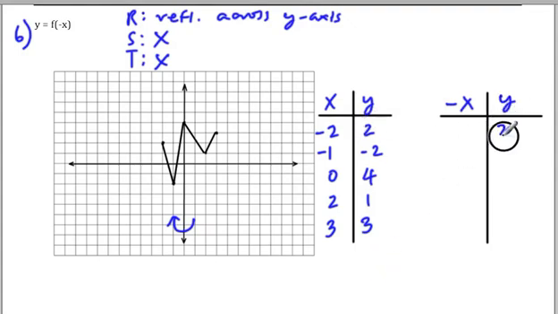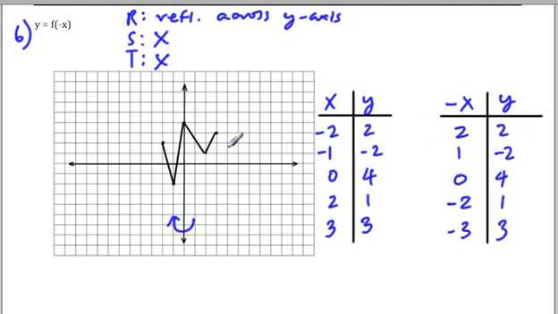So let's write the y's down first since they stay the same: 4, 1, 3. And all the x's now get multiplied by negative. So this becomes 2, 1, because -2 times -1 is 2, -1 times -1 is 1, 0 times -1 is 0, 2 times -1 is -2, and 3 times -1 is -3.